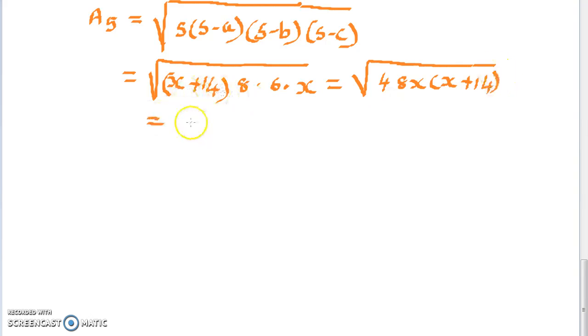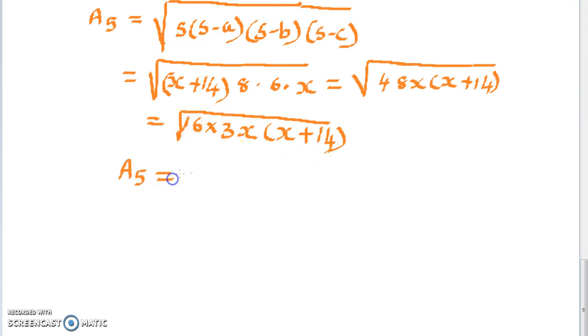So that is equal to the square root of 16 times 3 times x times x plus 14. So that will give me A5 as 4 times the square root of 3x into x plus 14.